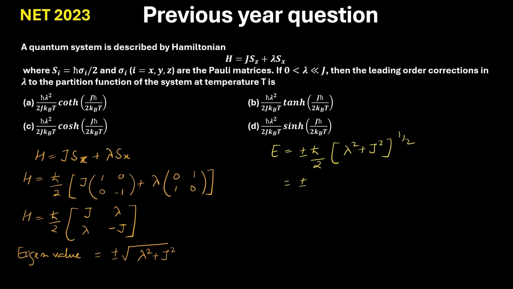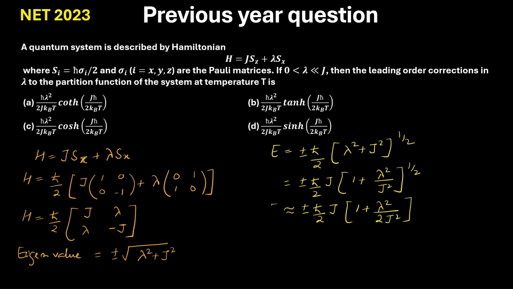So it will be plus minus h bar by 2 J into 1 plus lambda square by J square to the power half. Now since lambda is much lesser than J, we can approximate this as h bar by 2 J into 1 plus lambda square by 2J square. So with this approximation, we have got the energy.